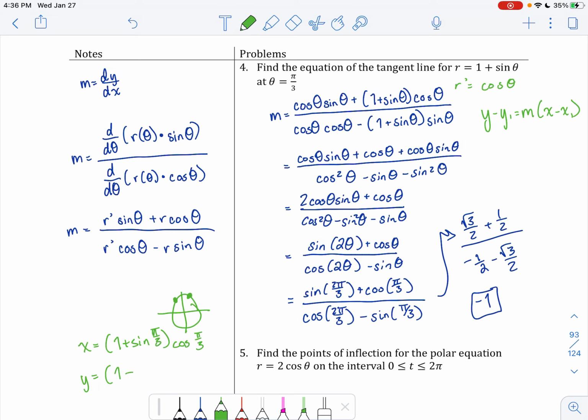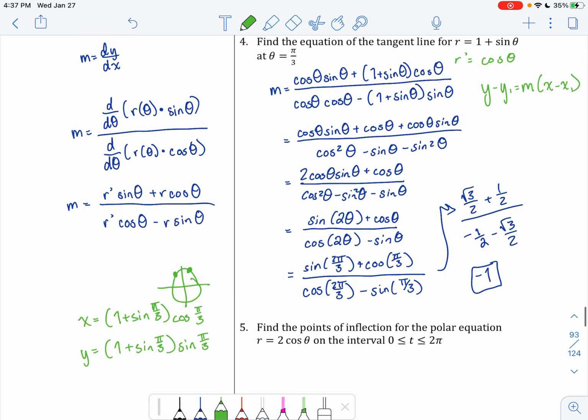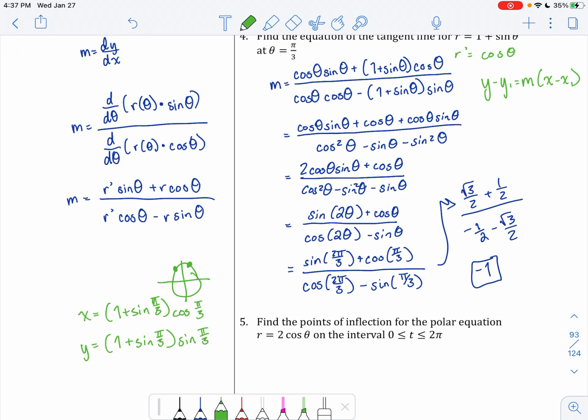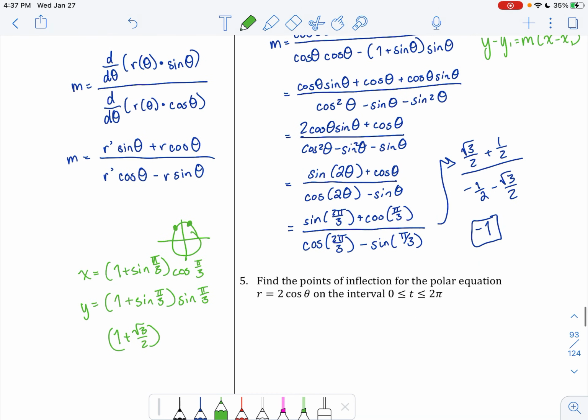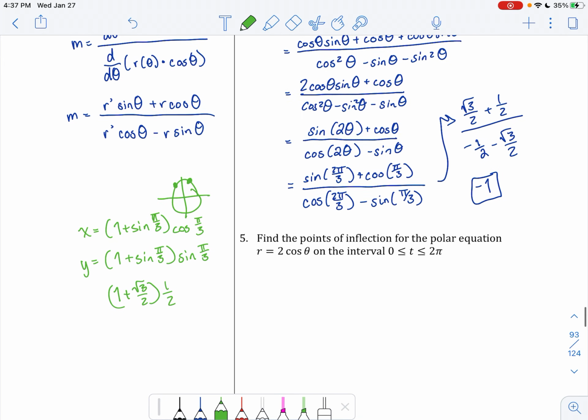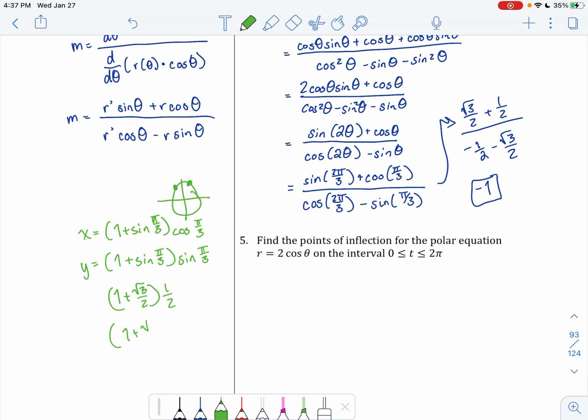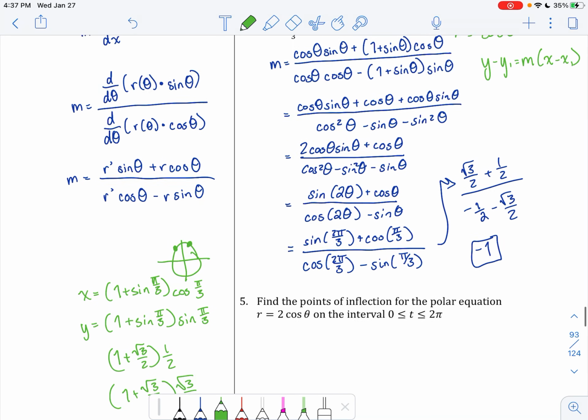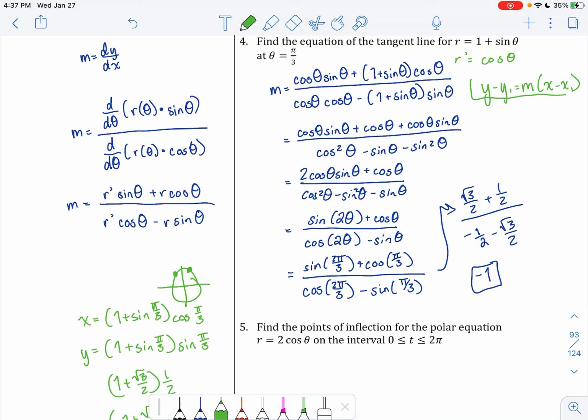Y is equal to 1 plus sine pi over 3 times sine pi over 3, which would be 1 plus root 3 over 2 times a half for x, and 1 plus root 3 over 2 times root 3 over 2 for y. You can plug that right in.